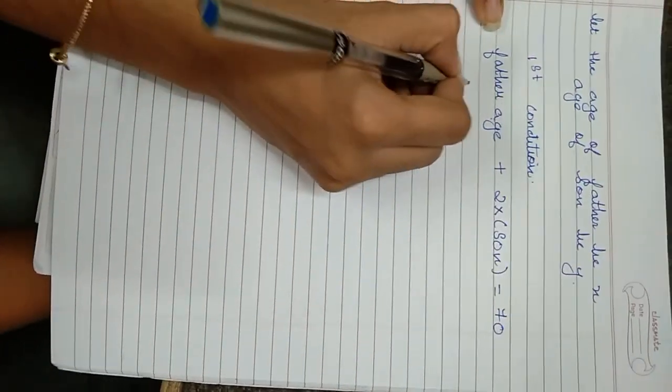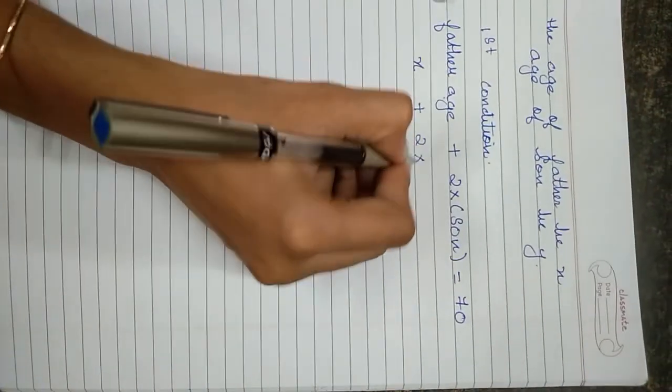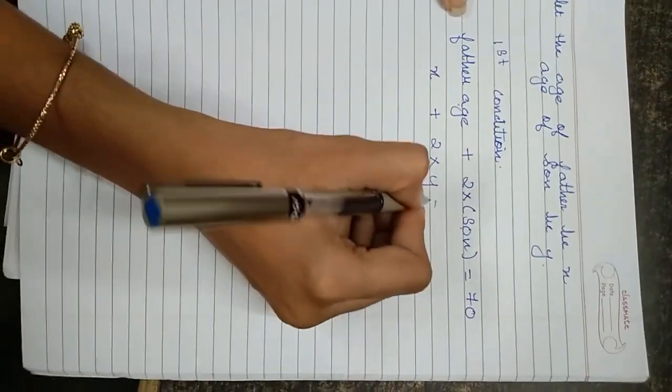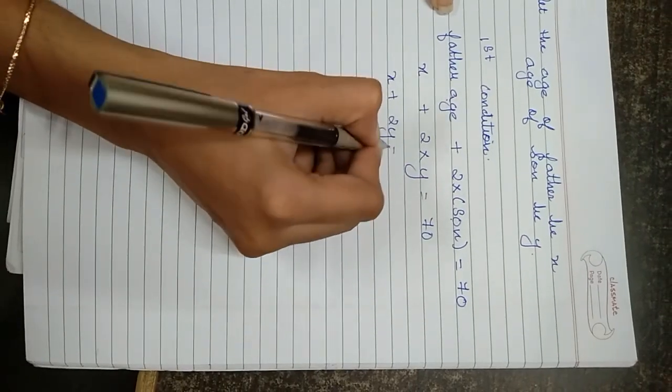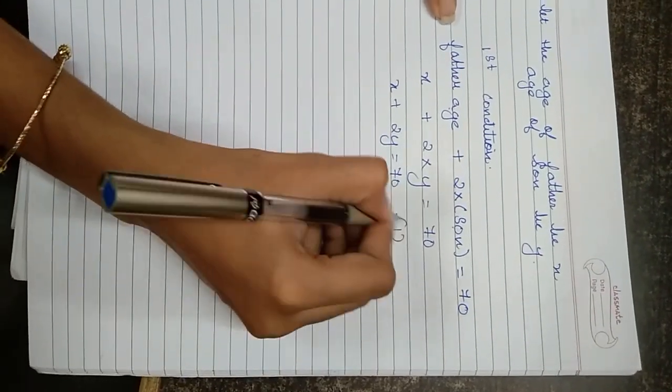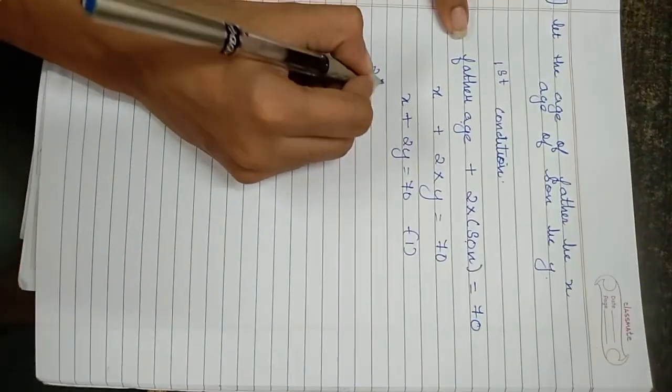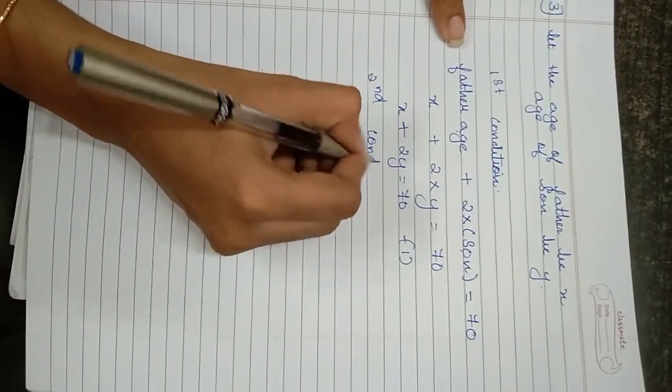Father's age is X, 2 into son's age is Y, which is equal to 70. Therefore X plus 2Y is equal to 70. This is equation 1.